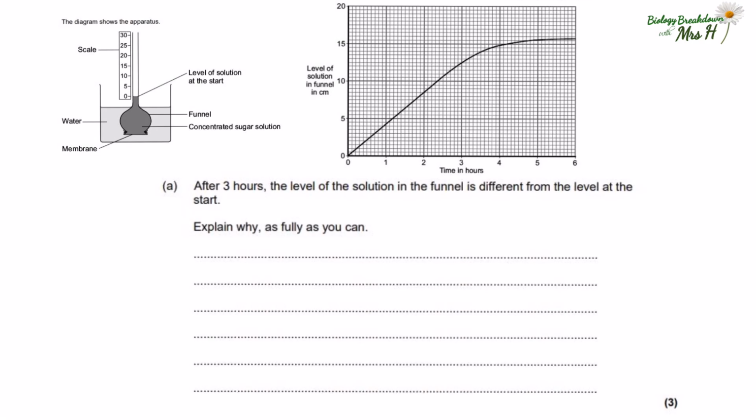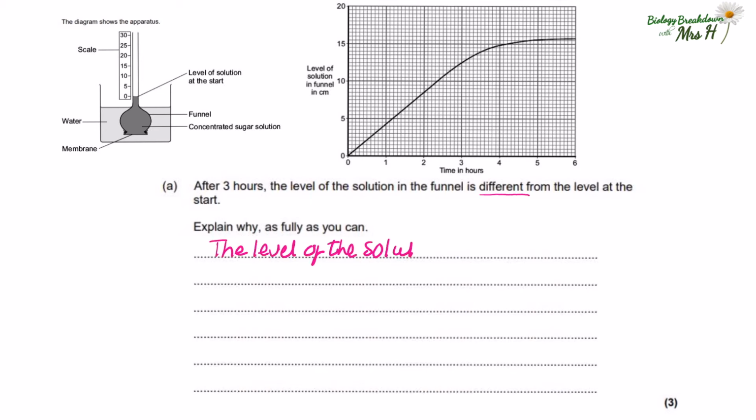After 3 hours, the level of the solution in the funnel is different from the level at the start. So we're looking at the graph here. Notice that the question is saying the word different. Whatever you do, don't write the word different in your answer, because you need to be clear that you understand the graph and that you know that the level of the solution has increased.